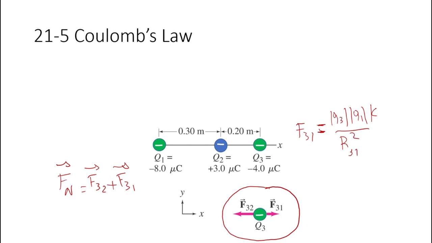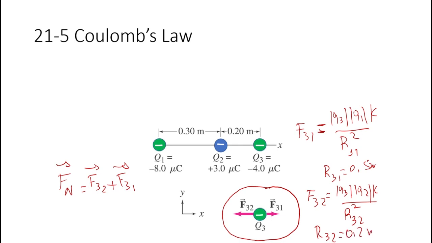In this case, the distance between 3 and 1 is 0.5 meters. You do the same thing for F32, which is Q3 Q2 times the Coulomb constant divided by the square of the distance between 3 and 2. The 3-2 distance will be 0.2 meters.